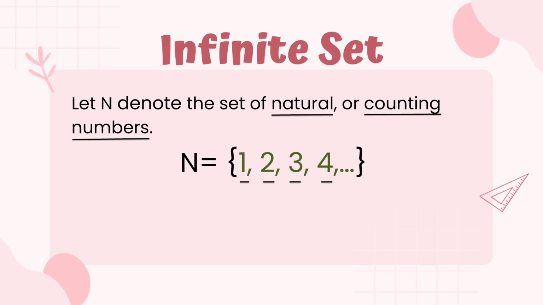There is no largest natural number. However big a natural number you can think of, you can always add 1 to get a bigger natural number. And that's the point of the 3 dots here. This is called an ellipsis, and it tells us that this pattern continues forever.